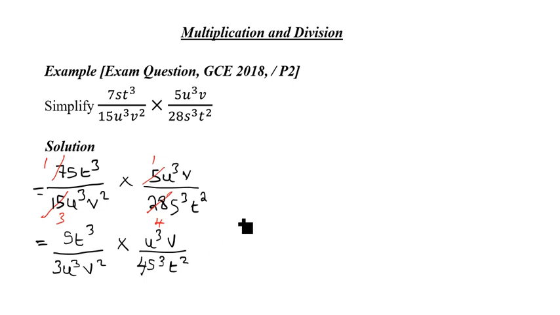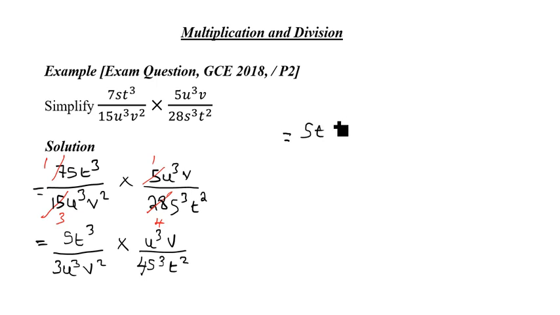Okay, so now allow me to continue this from here. Now we can start dividing the letters, the variables. Let me just write the whole question from here, then we cancel from here.